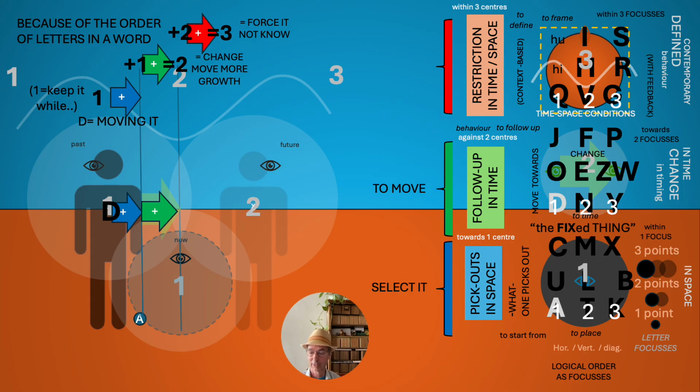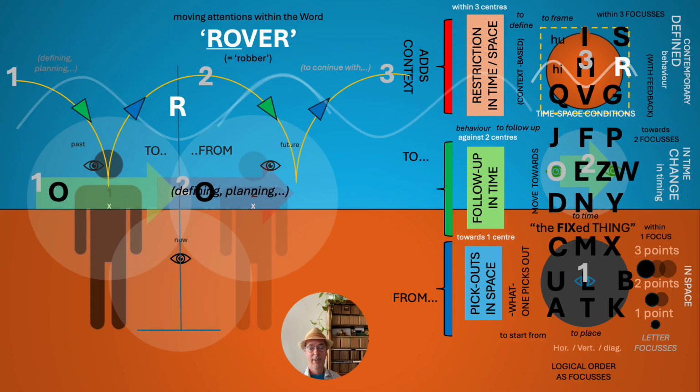Let's have a better example. Better example is rover. Rover is a Dutch word which means rubber, but I think it's quite clear in the letters what it's describing as something that moves into the third category of a forced change.